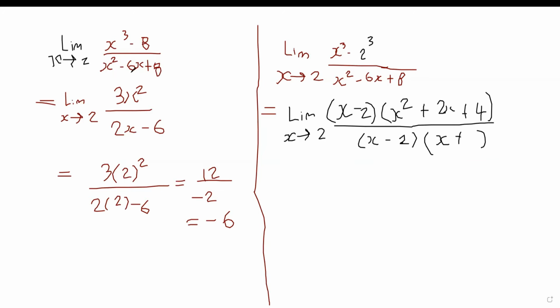Which two numbers multiplied will get 8, but when we add them, we get negative 6? We need it to be 2 and something.